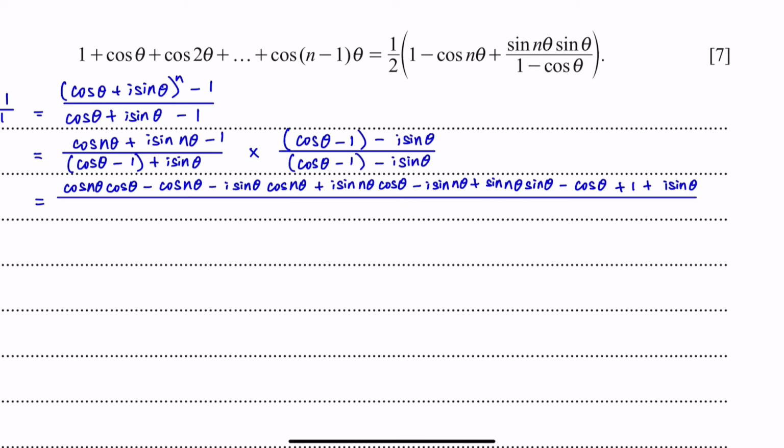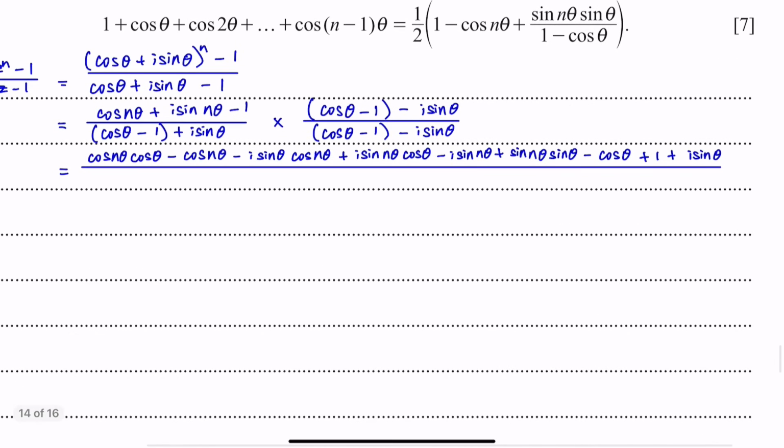And for the denominator, we can use the difference of squares. So we would actually get (cos theta minus 1) squared minus i squared sine squared theta.